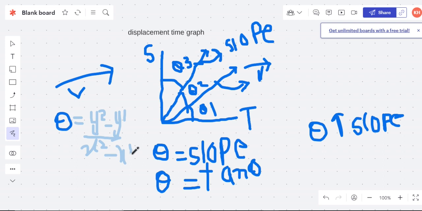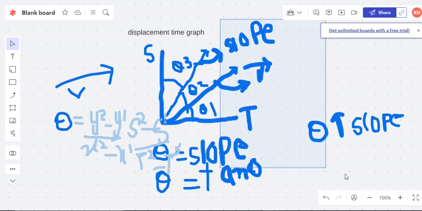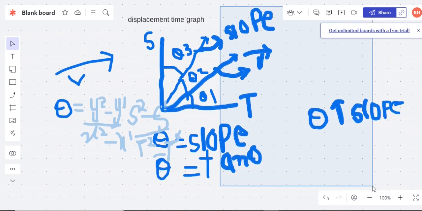Here y is displacement, so it's s2 minus s1 divided by t2 minus t1, because we know what is on the x-axis and what is on the y-axis. This was a little introduction. Now we're going to deal with numericals and the actual practical portions, so they'll be easy for you to understand.